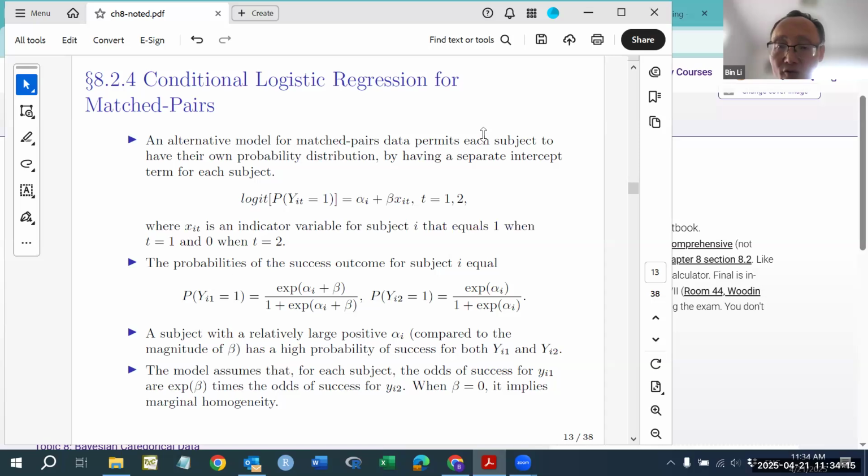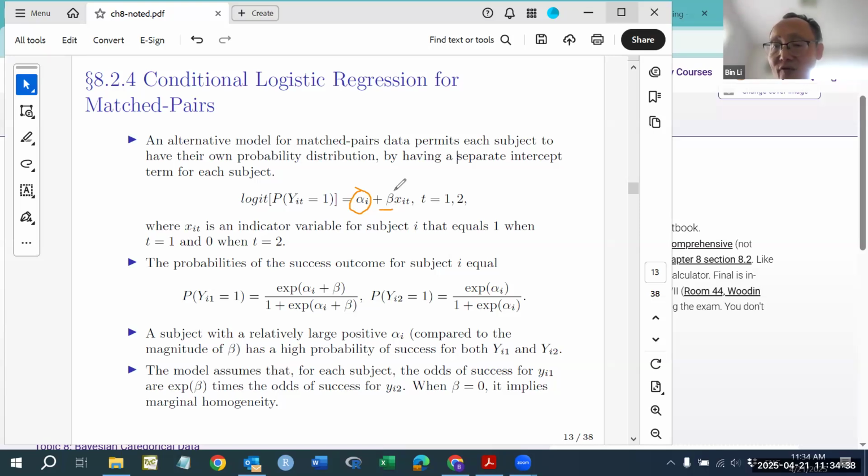Here alpha_i is the random effect. Why? Because this changes among the individuals, and that allows subject-to-subject variations through this intercept. And beta is called a fixed effect.